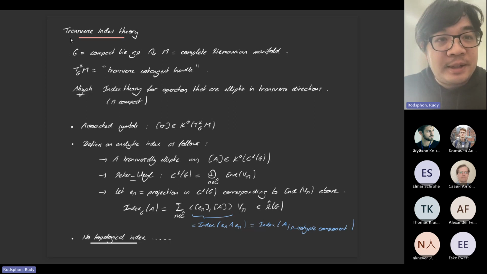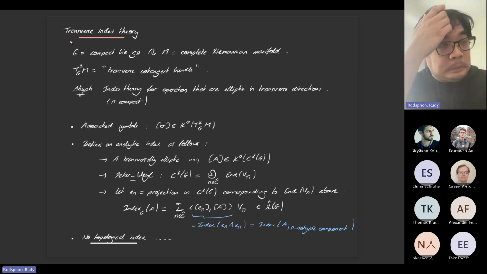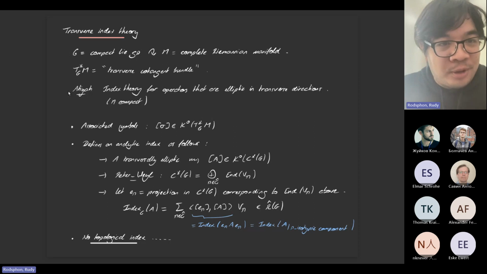So Kasparov's technology allows you to do much more actually, and you can do things with the transverse elliptic operators.